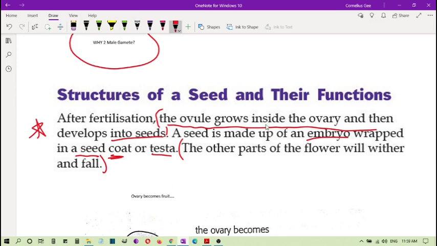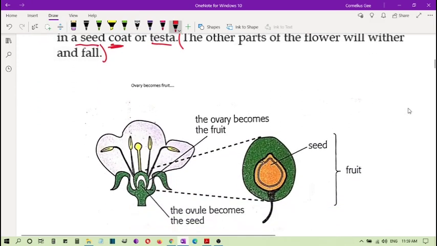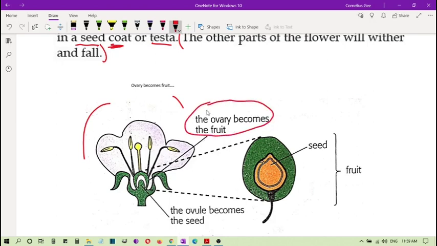In fact, the teacher has drawn a diagram here. This is actually a flower. After fertilization, the ovary becomes the fruit, and the ovule becomes the seed. All the other parts, the stigma, the petals, all of this will die away, leaving only the fruit. You can see that the seed is normally found inside the fruit.